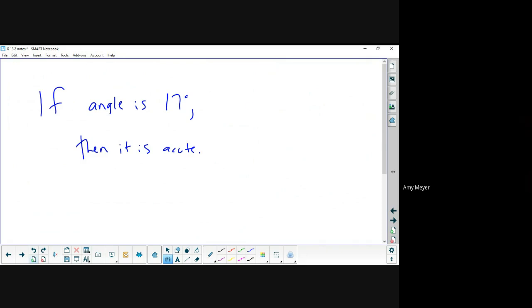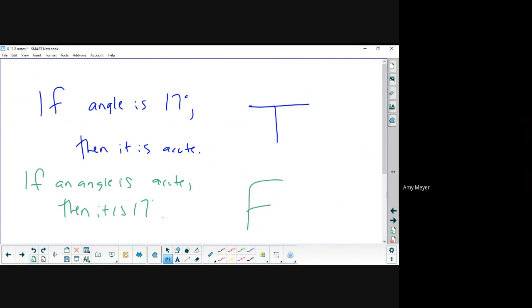True. If I do the converse, if I flip those: if an angle is acute, then it is 17 degrees. Is that always true? If it's acute, it's got to be 17? No. I'm doing this to show you that you can't just flip statements whenever you want.